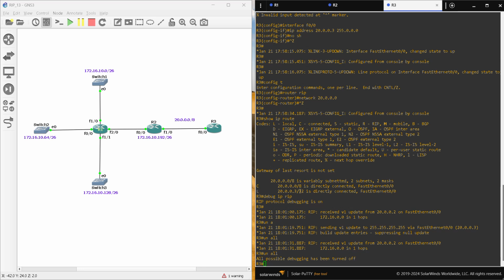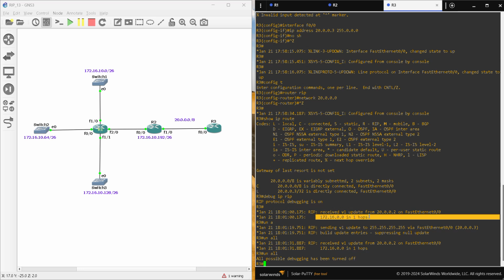When we see its debug ip rip, understand this is a uniform one, this is symmetric, and now this is not, this is unsymmetric, as the gateway's configured IP address is 20.0.0.3, right?